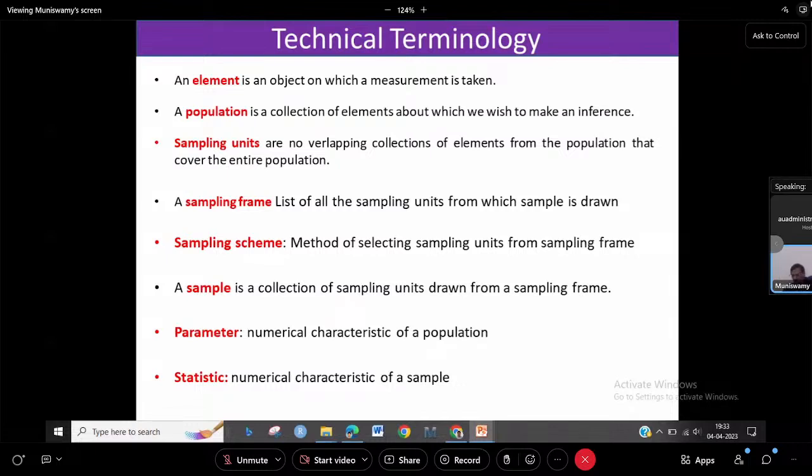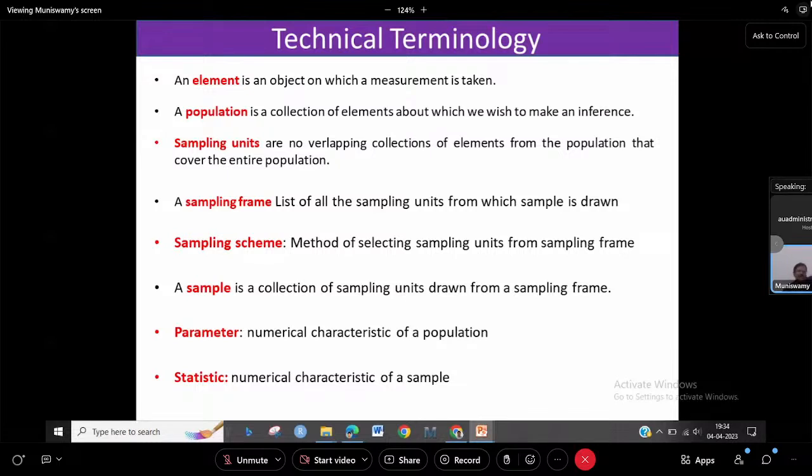So I have given only briefly census and sample surveys. In the next class we discuss elaborately sampling methods, sampling techniques, sampling designs. Regarding census and sample surveys, any discussions?